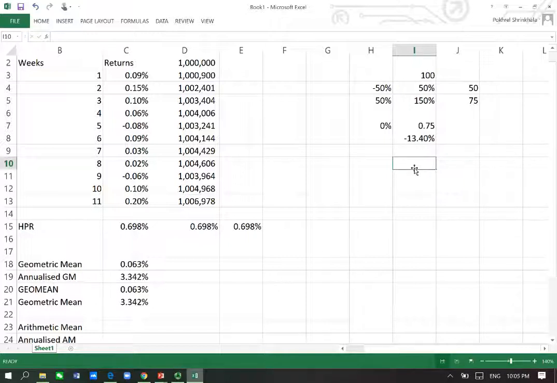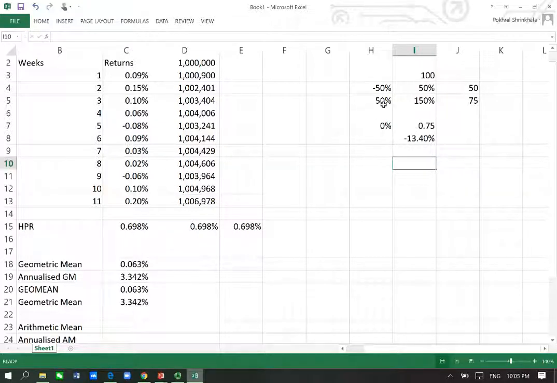The geometric mean by definition is always lower than the arithmetic mean due to compounding effect, whereas the arithmetic mean is always higher than the geometric mean, mainly because it is a simple average.